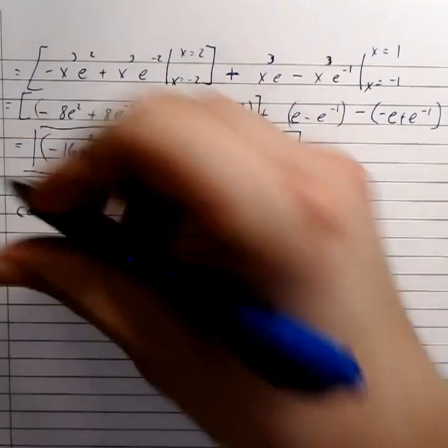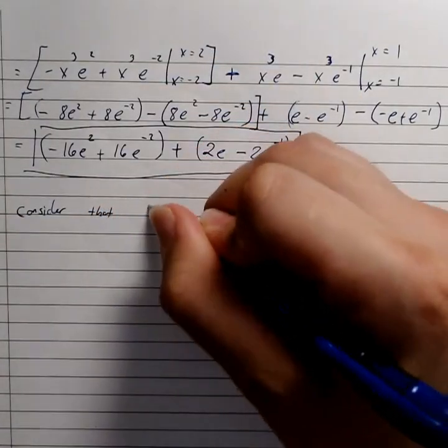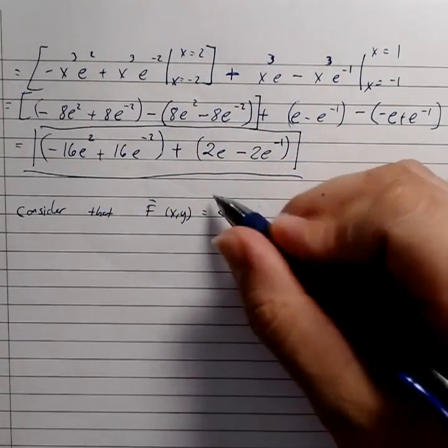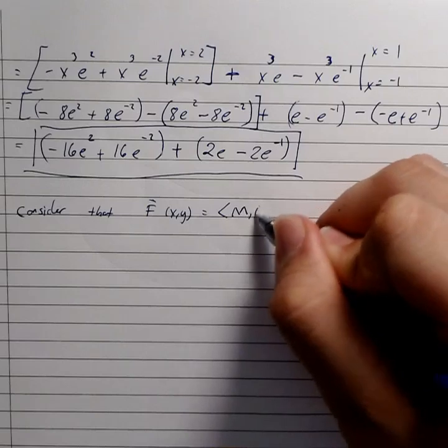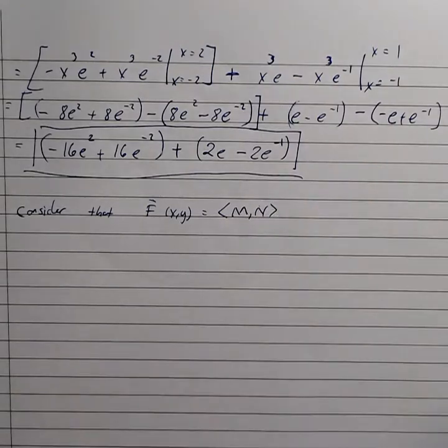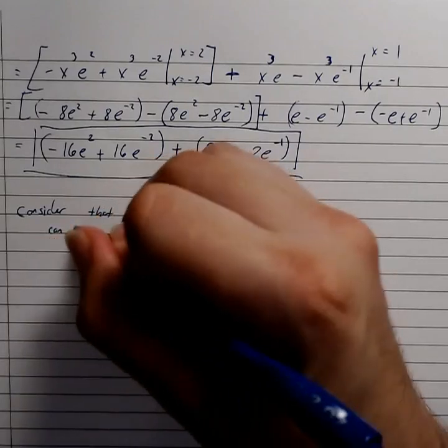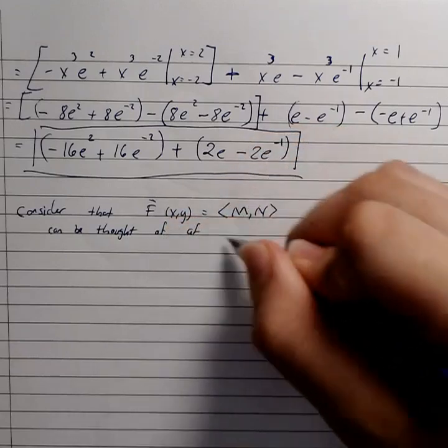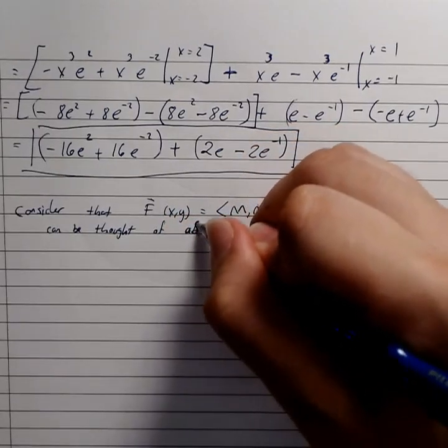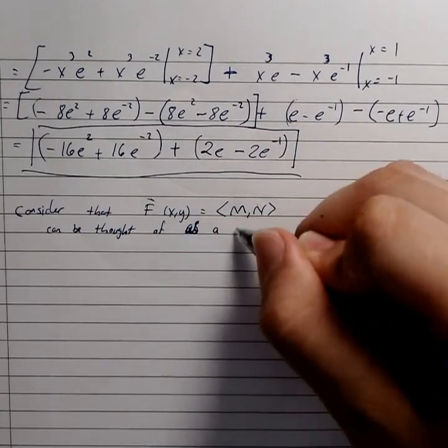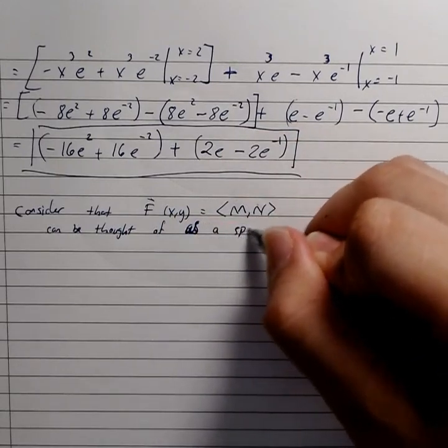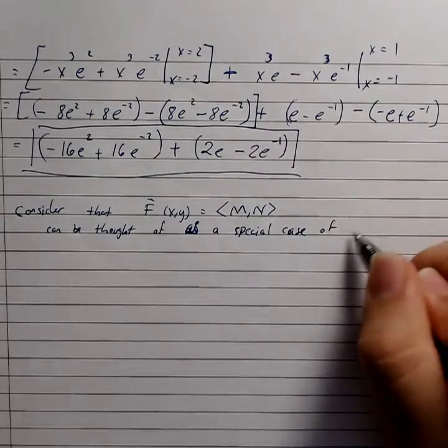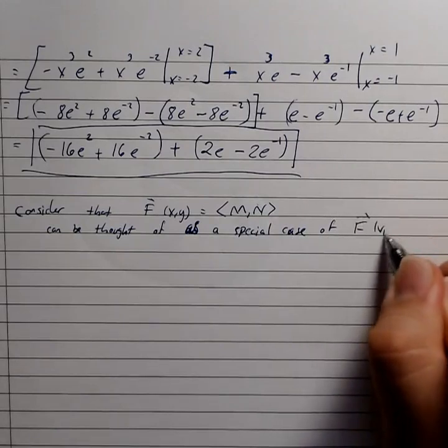But consider that f of x comma y, which is given by m comma n, your vector field in 2 dimensions, can be thought of as a special case of f of x comma y comma z.